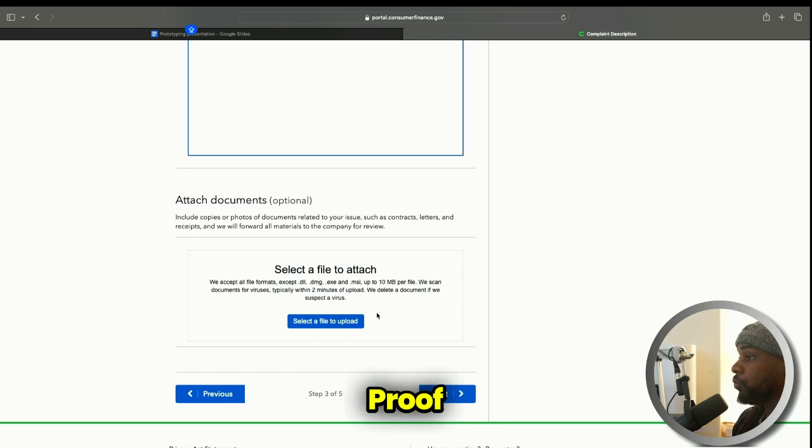Okay. Proof of address can also be your insurance for your car, your voter registration. It could also be your utility bill, your gas bill, your internet bill, your phone bill, a bank statement. All right. Any of those things work as the proof of address.